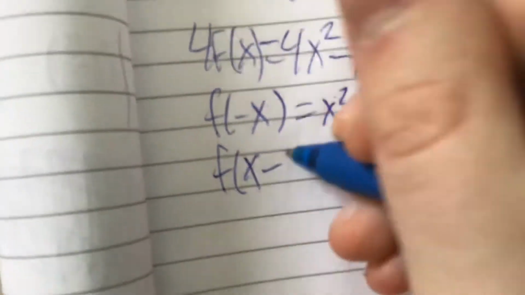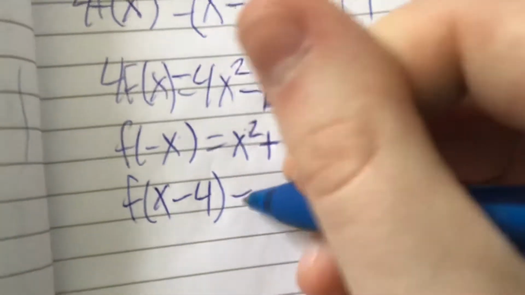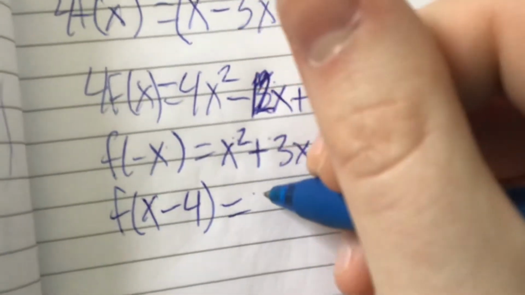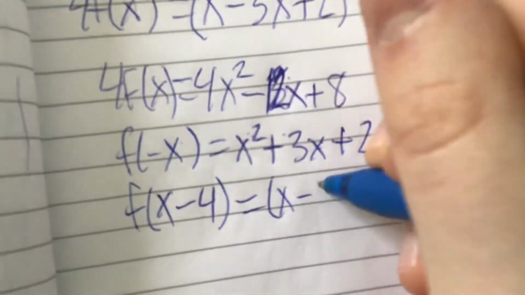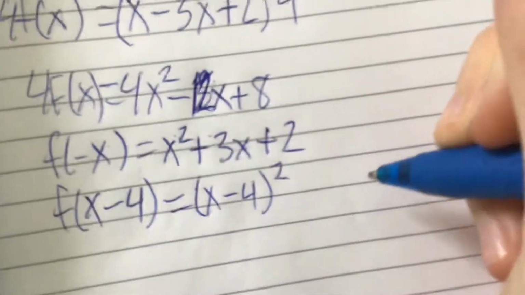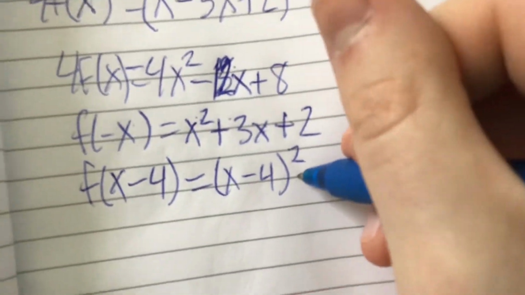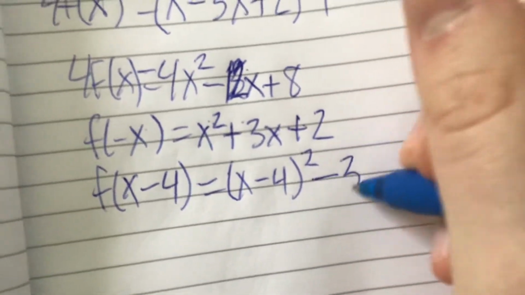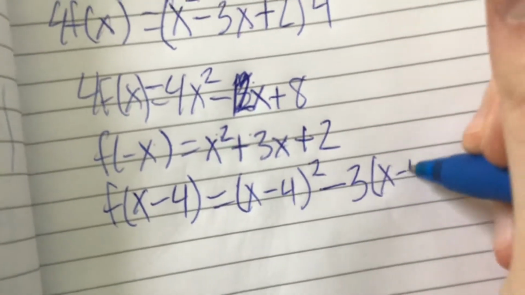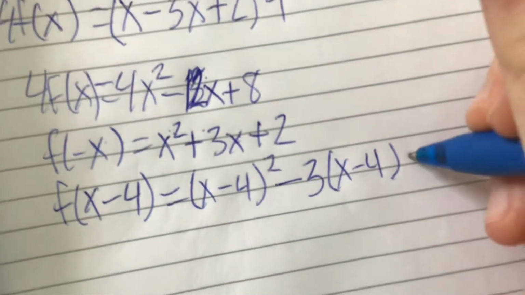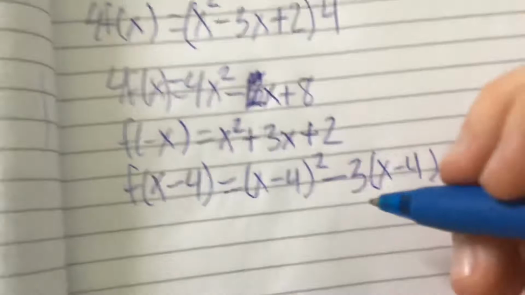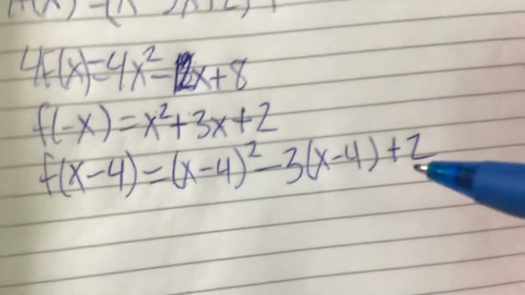Anyway, next one is a hard one. F of x minus 4 equals, let's see, x minus 4. Oh no, we're squaring x minus 4 again. Ooh, okay. Minus 3 times x minus 4. We're making it special this time. Plus 2. Okay, so this is going to be extra long. Here we go.